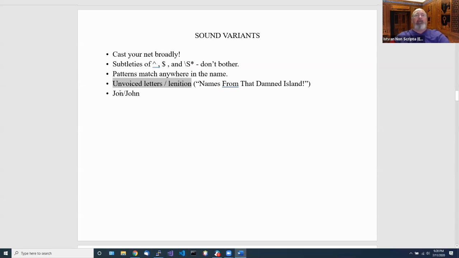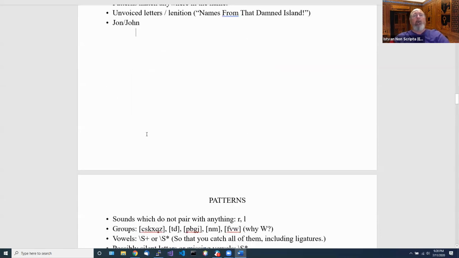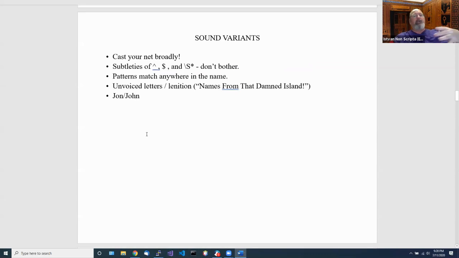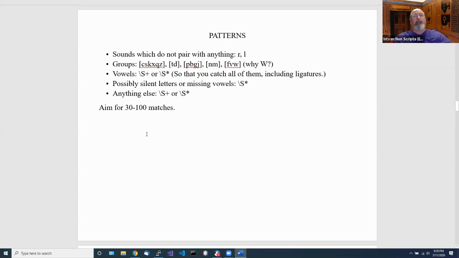But for a perfect example of unvoiced letters, as far as I'm aware, these are pronounced nearly identically, but we have to account for the H. John versus Jon. So let's establish a few rules about the sort of thing we're going to do.